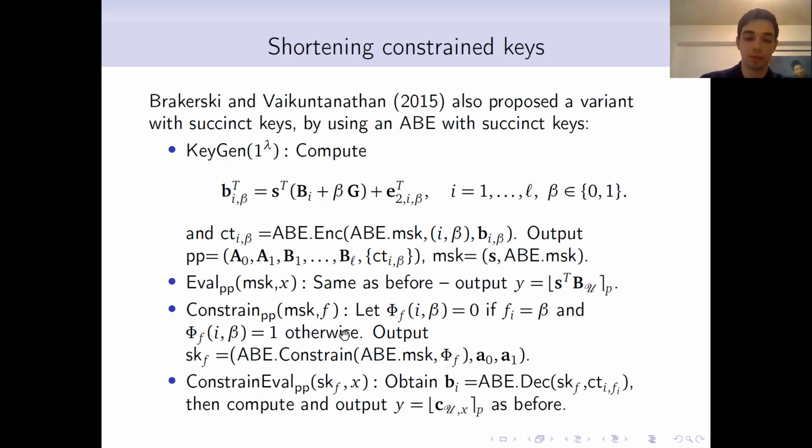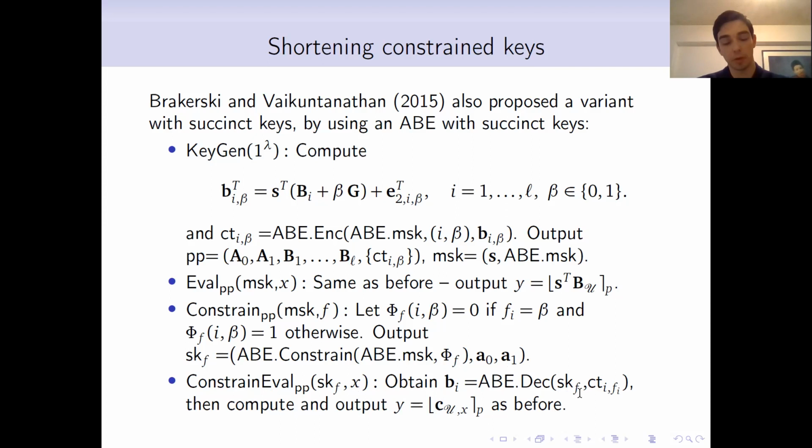And then when we want to give a constraint key for a function f, we consider this constraint phi_f, which accepts (i, beta) if and only if f_i equals beta. And so we give a constraint ABE key for this constraint phi_f together with the other vectors a_0 and a_1. And now for the constraint evaluation, we do the following.